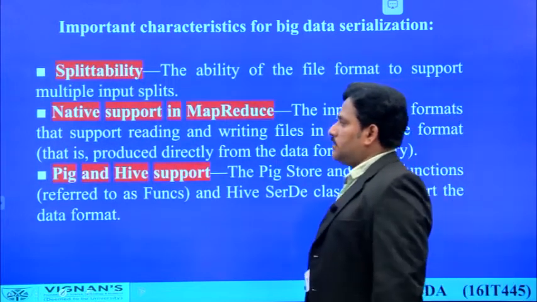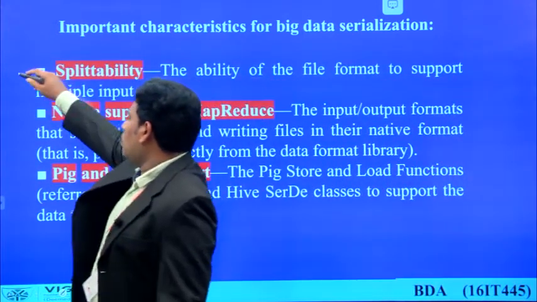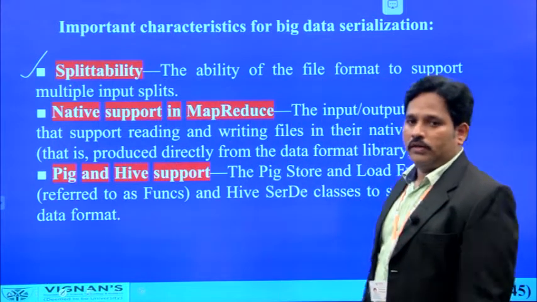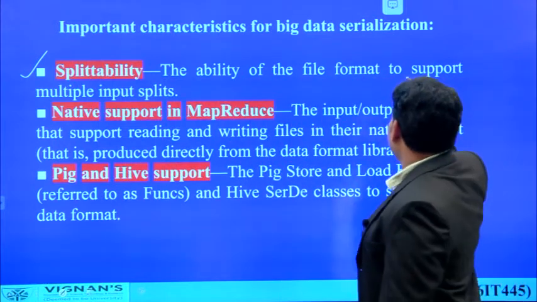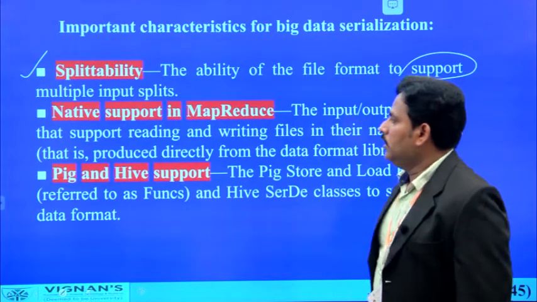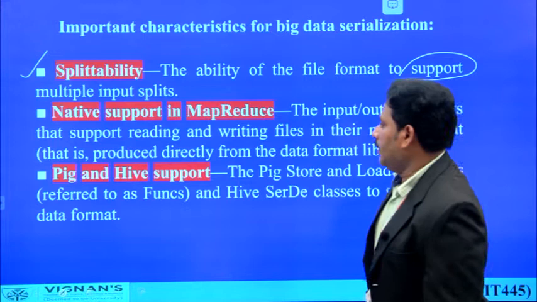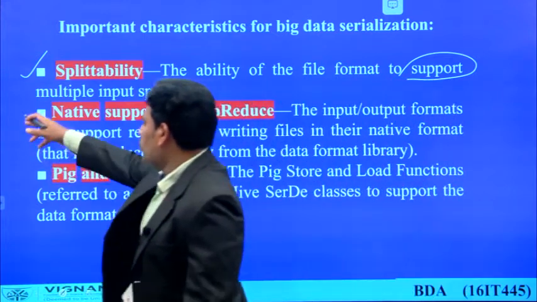And other characteristics are splittability. That means how the data is going to be split into smaller chunks, that is dealt with here. That means how multiple input splits are going to be applied on the data. The next one is native support of MapReduce.